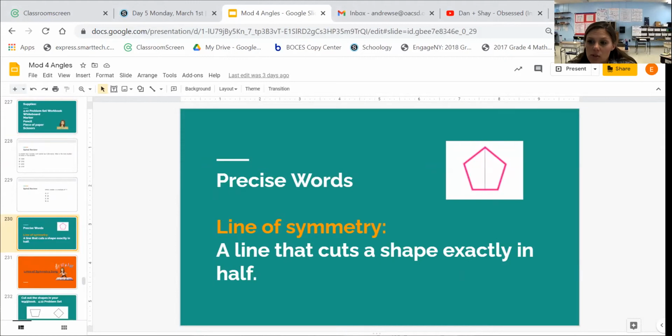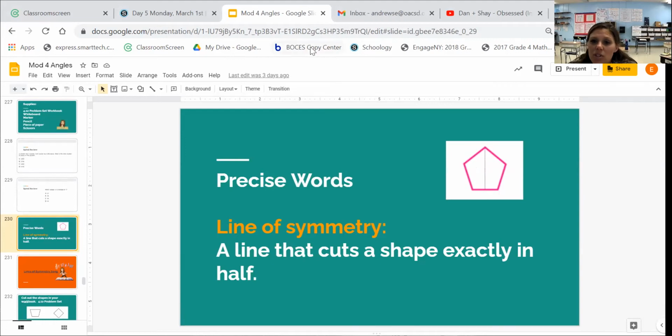First, if you want to take a picture of this so you have the definition in your iPad, a line of symmetry. It's when you can cut a shape or a polygon in half and it matches up. So for example, this shape right here on my screen, this is a line of symmetry. It's symmetrical, which means if I folded this shape in half, they would match up, they would line up, they would meet exactly, okay?